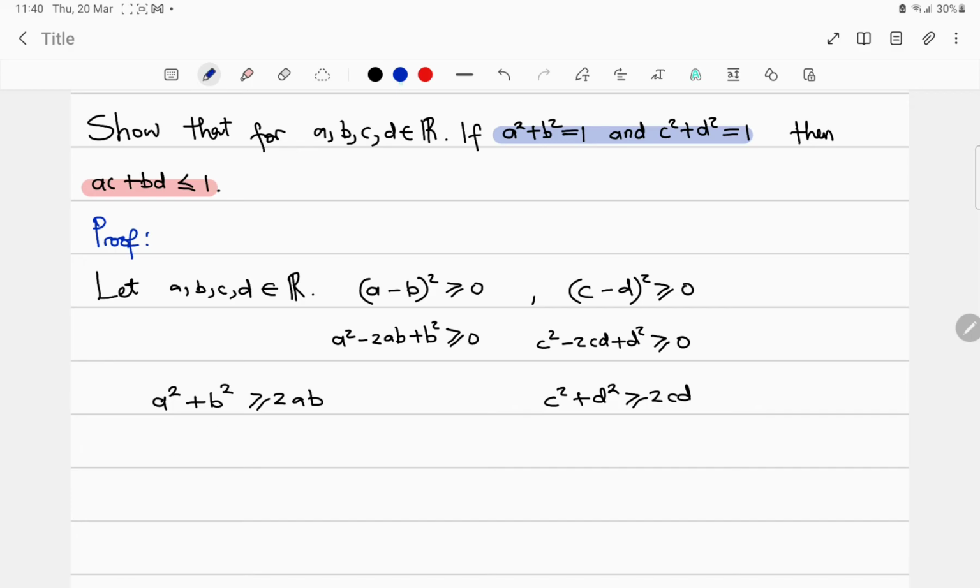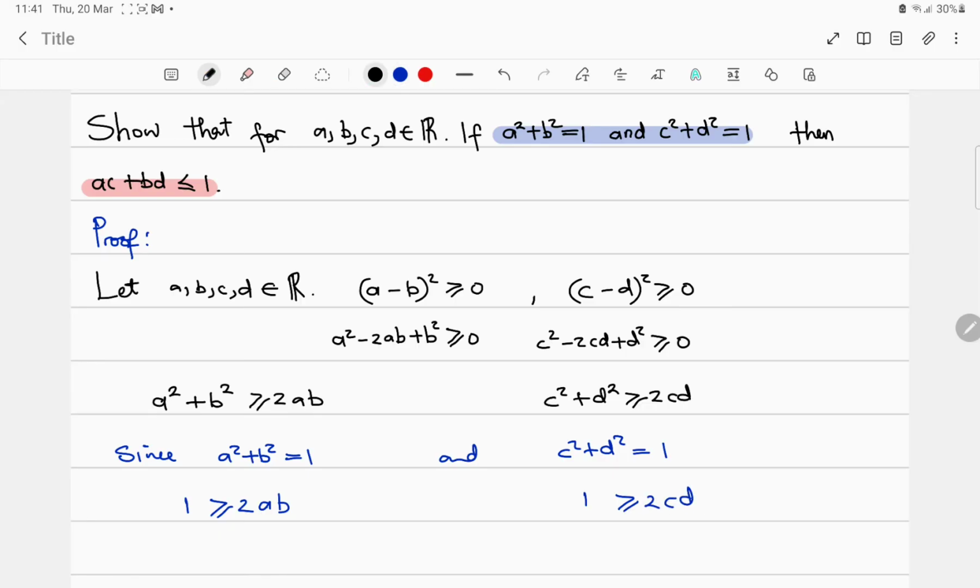Then, since A squared plus B squared is equal to 1 and C squared plus D squared is equal to 1, we have 1 is greater than or equal to 2AB, and 1 is also greater than or equal to 2CD.